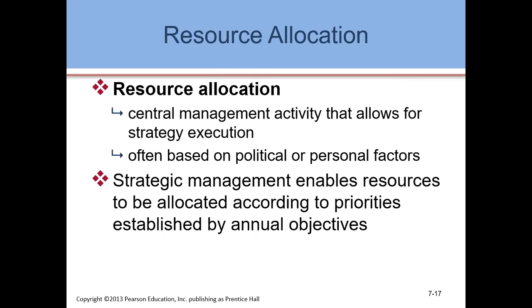So strategic management enables resources to be allocated according to priorities established by the annual objectives. And we need to be very clear and cautious that one thing leads to another and things are correlated with one another. We should be very clear how things are associated and how the impact of one decision is going to affect the rest of the factors.